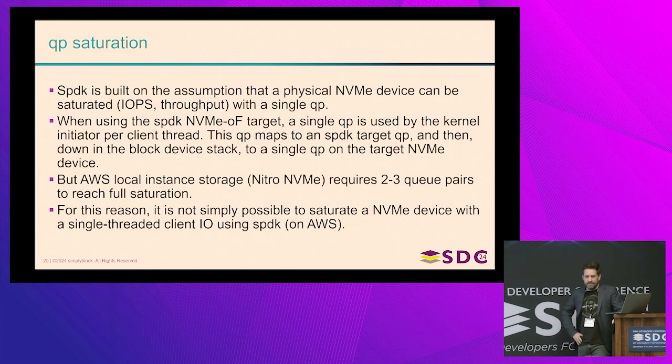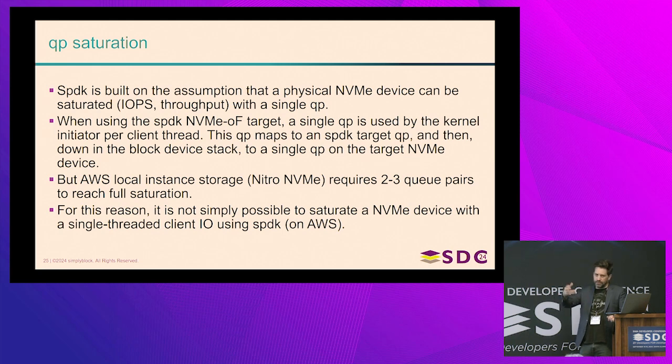So basically, what you will see is that you need up to 3 queue-pairs, 2 to 3, to saturate the full disk. And that causes a problem because you're single-threaded on the client side, and that maps into one queue-pair on the initiator, right?